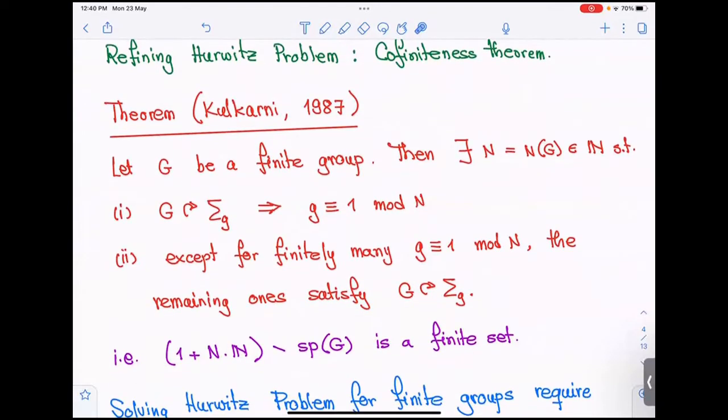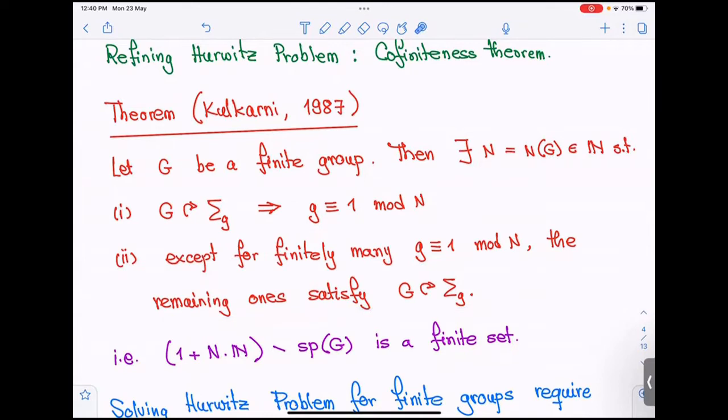For a finite group, there is always a positive integer, computable from the structure of the group, so that if my group acts on a genus, the genus has to be congruent to 1 modulo this number. And except for finitely many g's congruent to 1 modulo n, the remaining ones would always act.